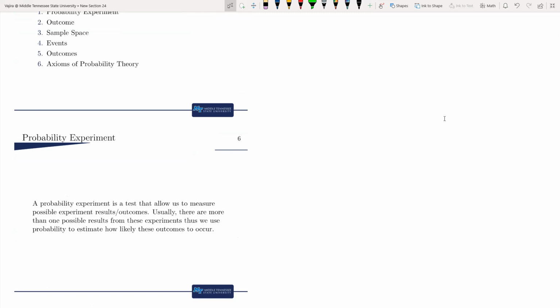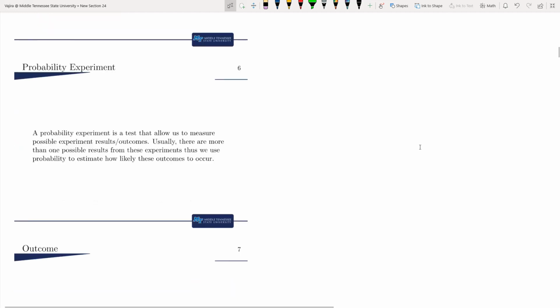If there's only one possible outcome, then the probability would always be 1. So because we have more than one possible result, we have to use probability to estimate how likely an outcome is to occur. There are several methods we can use to calculate that probability. We are going to learn those methods over the semester.